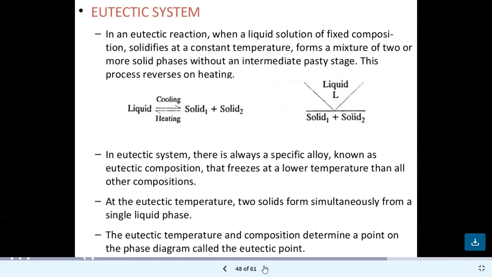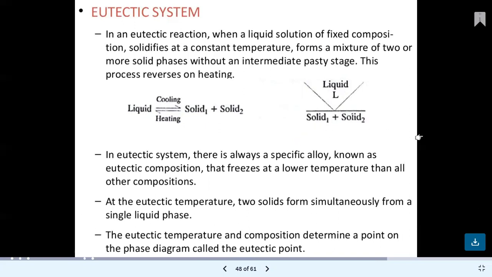So here, if we observe the reaction, this is liquid, it gives solid 1 plus solid 2, and this is a reversible reaction. So cooling takes place and heating also takes place in the reverse direction. This is the liquid state and this is the solid plus solid state.